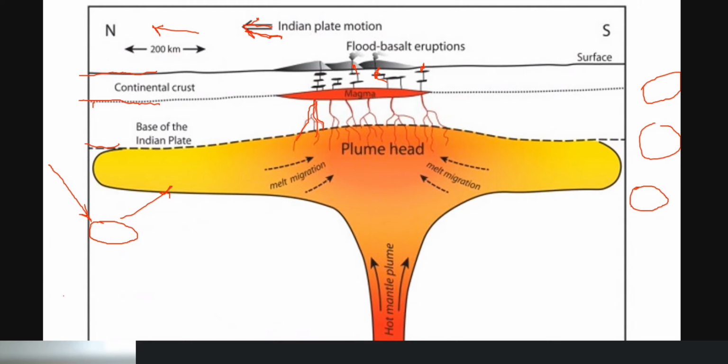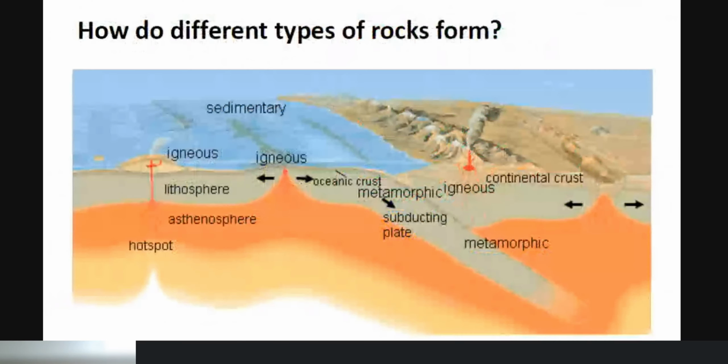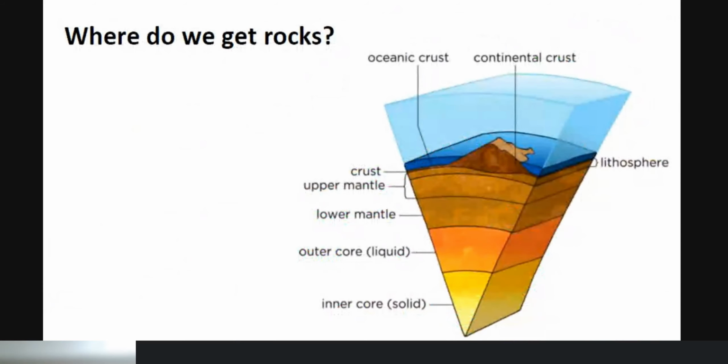Here we have a hot mantle plume, as we discussed in the first slide. The crust is 33 kilometers and the mantle goes up to 2900 kilometers. Within the mantle, there are some places where we get extreme pressure and temperature.